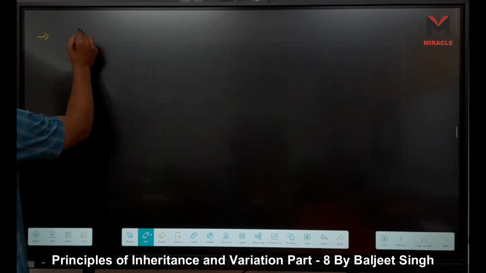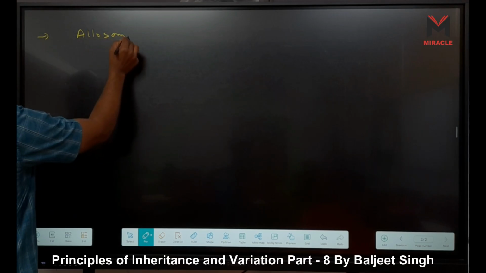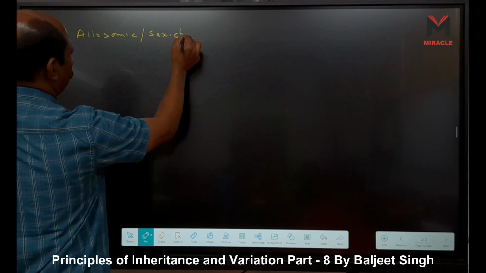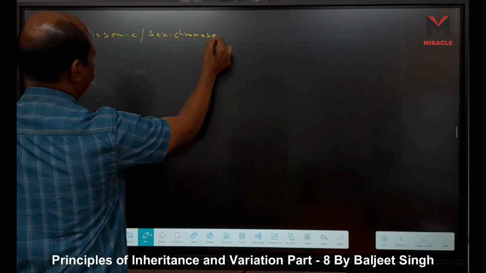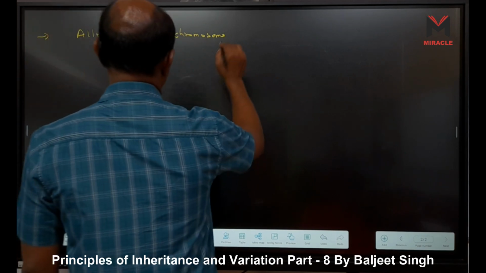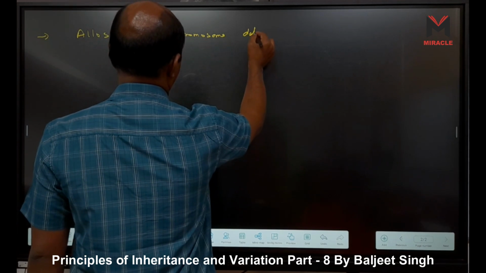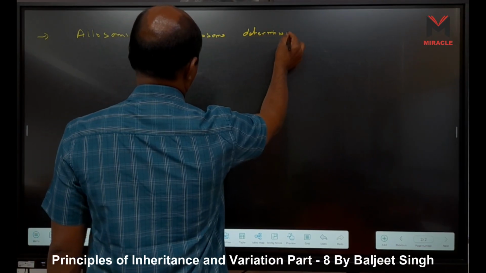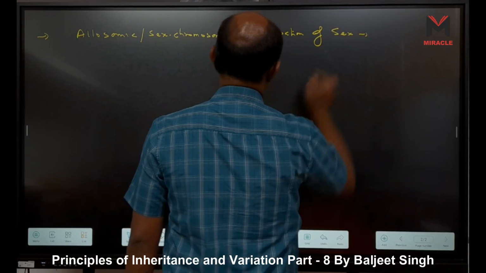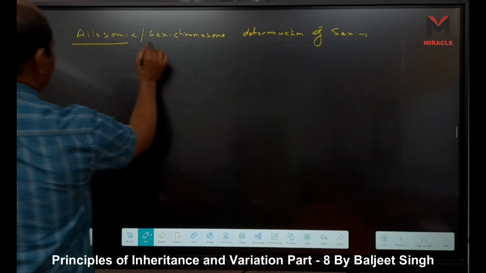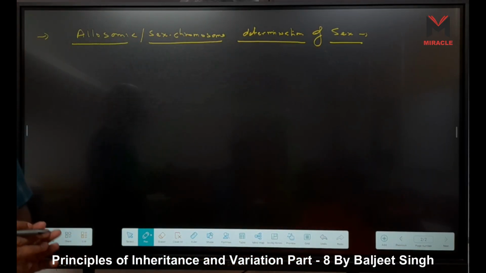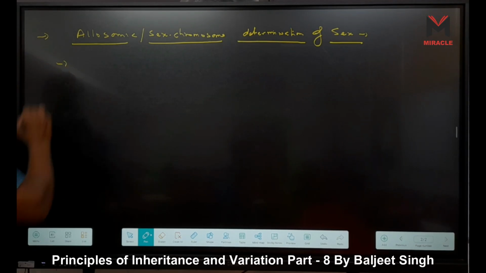I write here: allosomic or sex chromosome determination of sex. This is given in our NCERT. We only have to revise how many types there are.